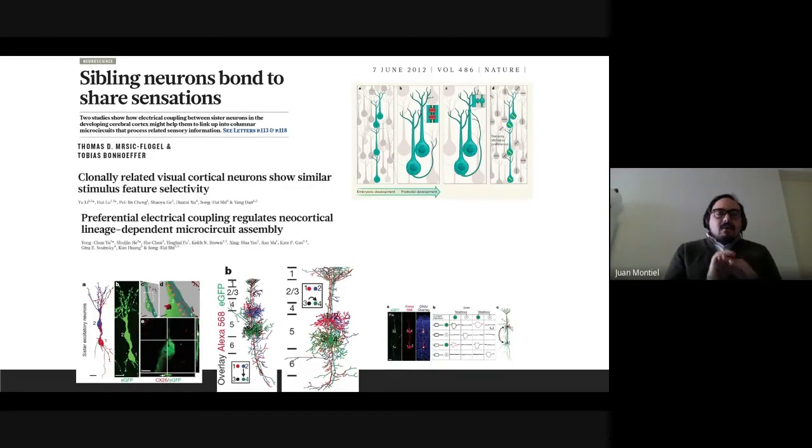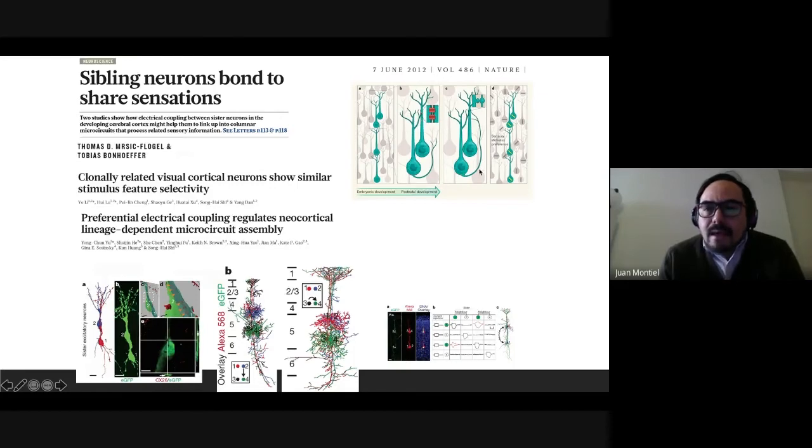So we can see that these progenitors can be divided and generating more neurons, but these neurons are related to each other. So they form some kind of clone, and this clone, we can see that in the figure upper right, are related to each other by connectivity, cell-to-cell connections, which are gap junctions or fast synaptic or electrical synaptic contacts.